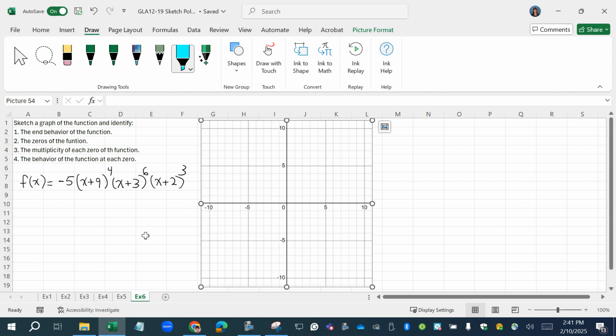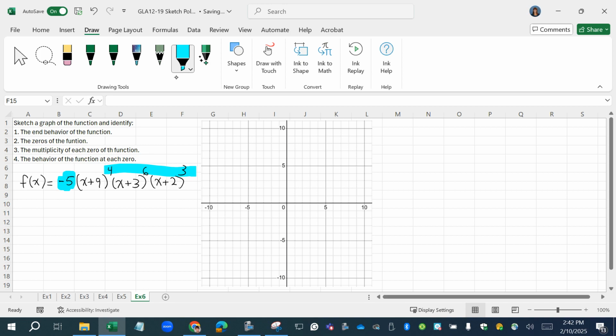I don't want to have to work this out, but I want to be able to use that lead coefficient right here, along with the powers, to somehow figure out whether my ends should be pointing the same direction or opposite directions, and if they're opposite, should they be left to right upwards or left to right downwards? Or if they're the same, should they both be up or should they both be down?